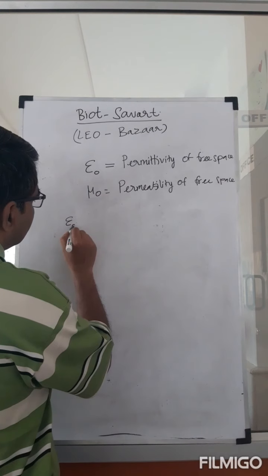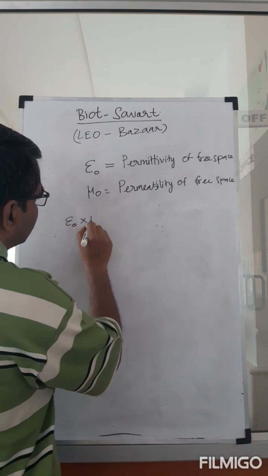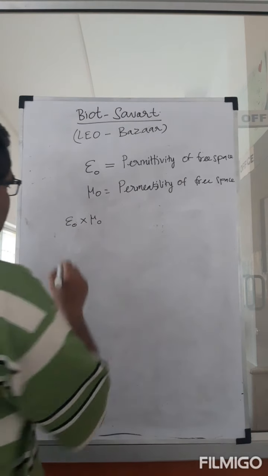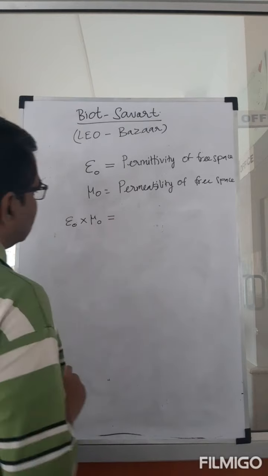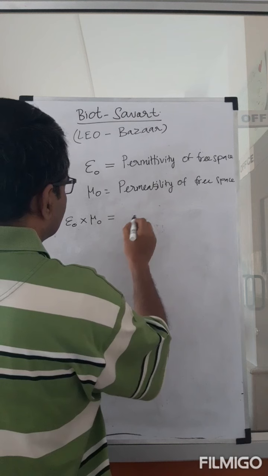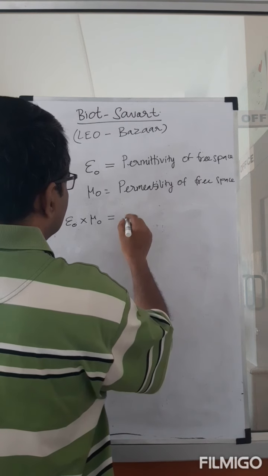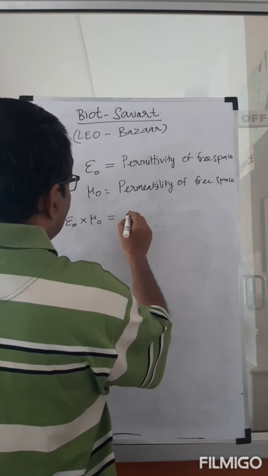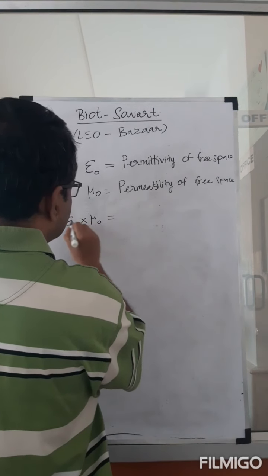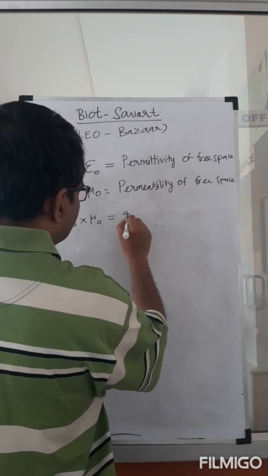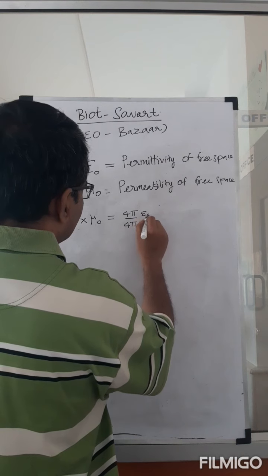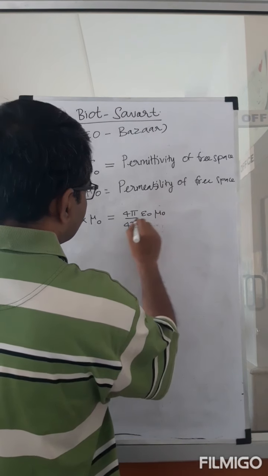So, mu naught into epsilon naught. So, this can be written like this. I'll take this and then multiply this by 4 pi and divide it by 4 pi. 4 pi by 4 pi into epsilon naught mu naught.